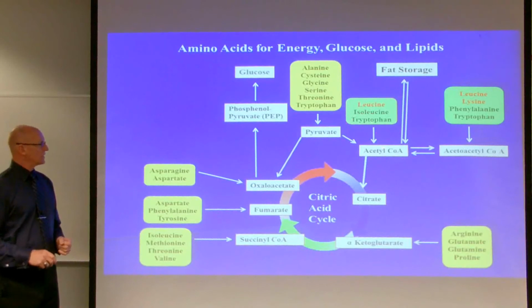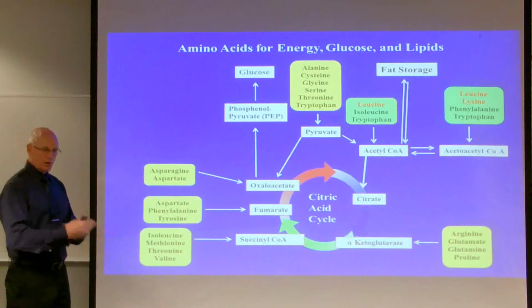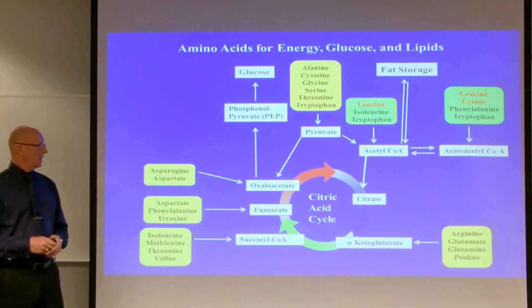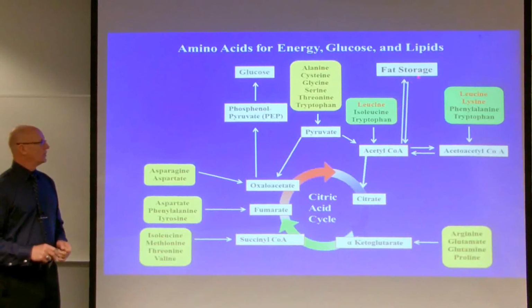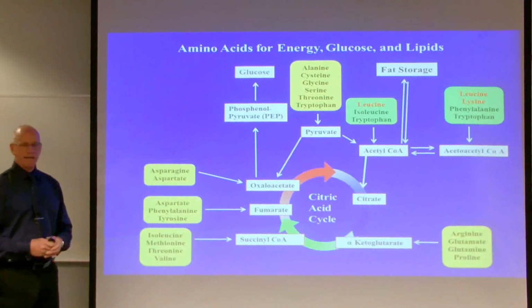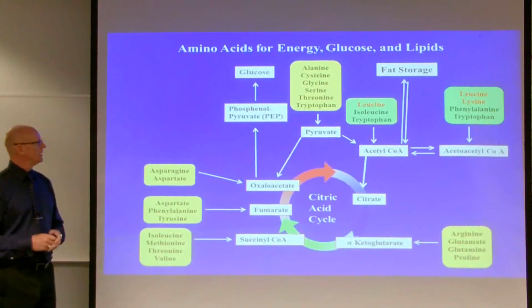Or these amino acids can come into the citric acid cycle again and participate in electron carriers and hydrogens going to the electron transport chain. Now, leucine, lysine, phenylalanine, and tryptophan will come into acetoacetyl-CoA, which can go back and forth to acetyl-CoA, both of these being interchangeable, and they can go into fat storage, or they can come into the citric acid cycle, again, to participate in the NADHs and FADHs to go to the electron transport chain.